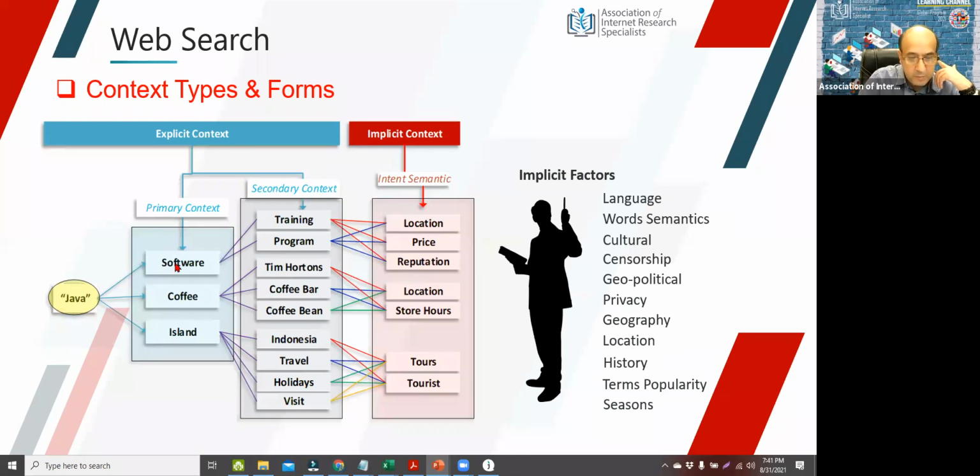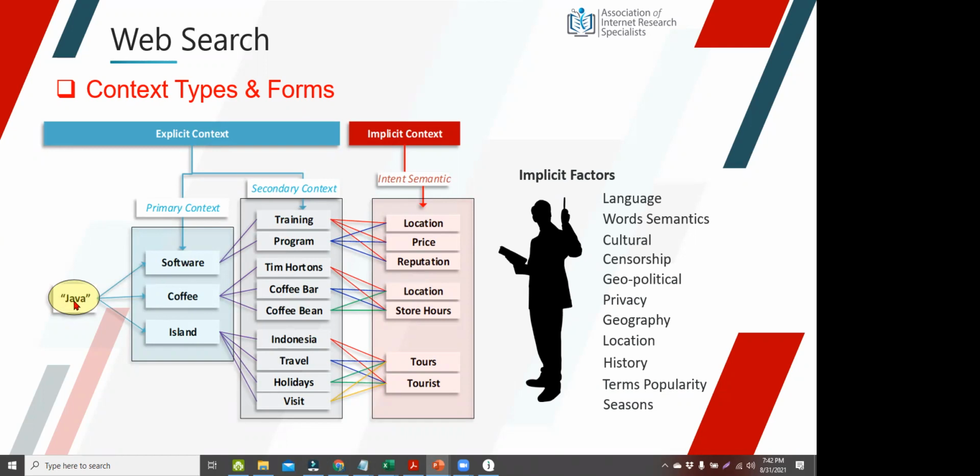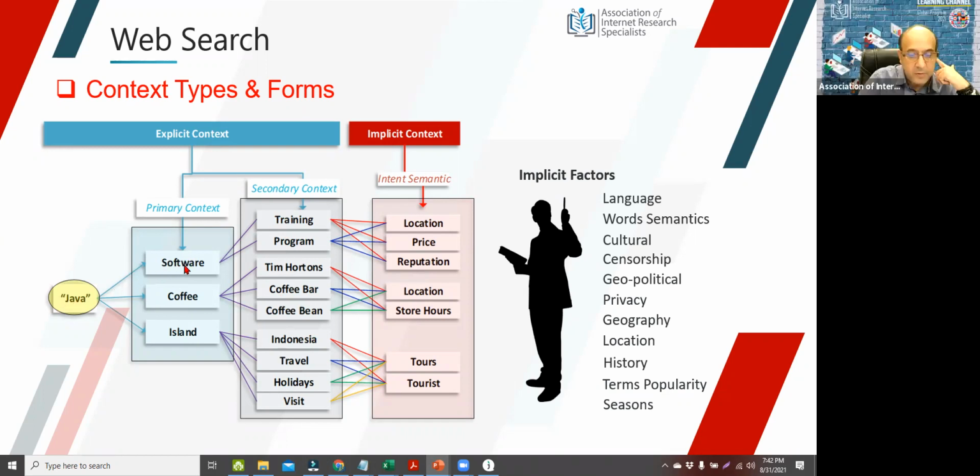And the three boxes that you see under primary context are the three versions or three choices. Any of these boxes you're looking at are considered choices or combinations of choices, and I'll show you how. So let's suppose it's Java and I connect it with the word software. I'm giving it a primary context, meaning I'm not going to be able to remove the word software or the word Java, and therefore it is definitely going to stay there for my search query.